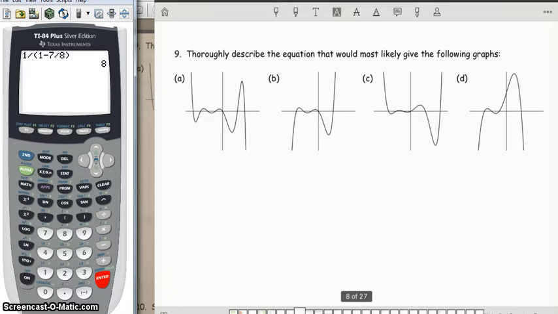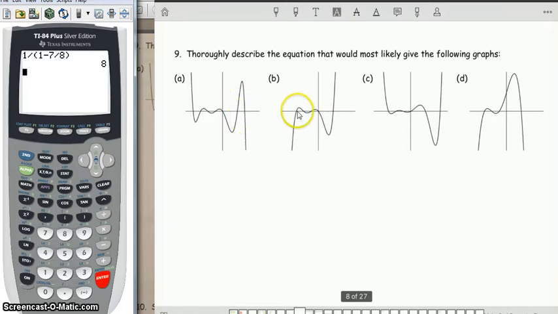So on a test, all you would simply do is I would give you answer choices that are in factored form, and for example for 9A here, you would pick an answer choice that has seven factors, which means you have 7 roots, and then you would check to see that the number in front is negative because the right side goes down.